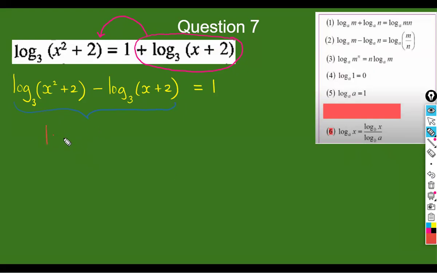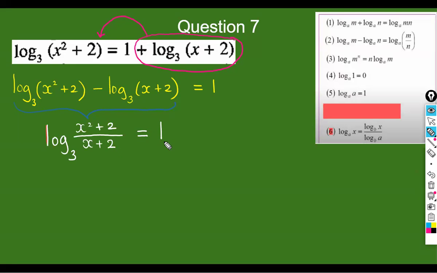I'll just use white, right? So it will be simplified to log base 3. Take the first value, this is x squared plus 2, and it gets divided by the second value, x plus 2, right? And this whole thing is equal to 1.